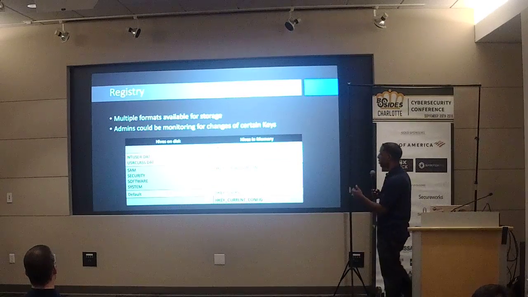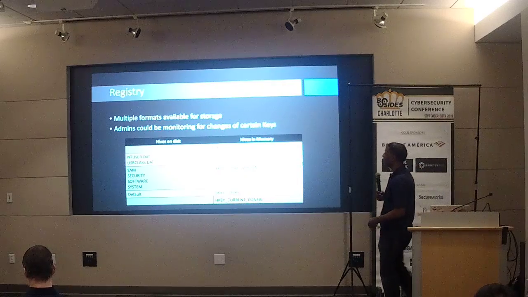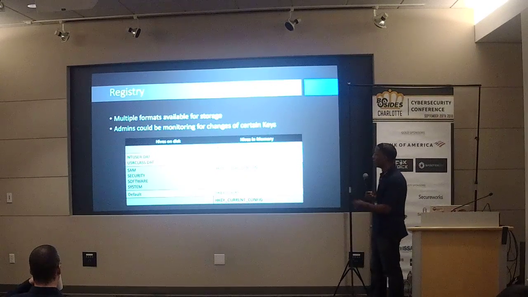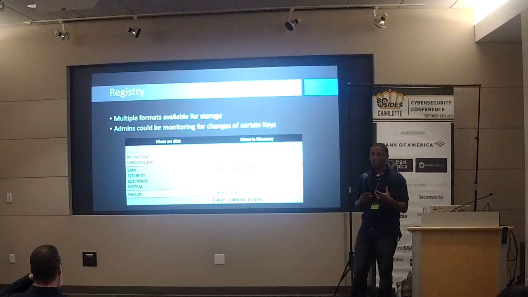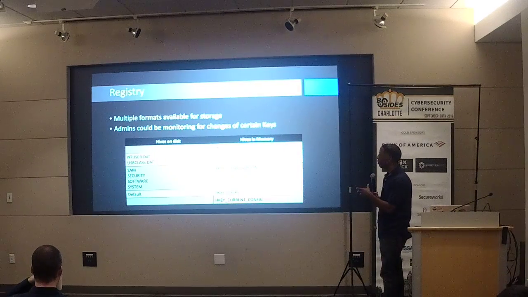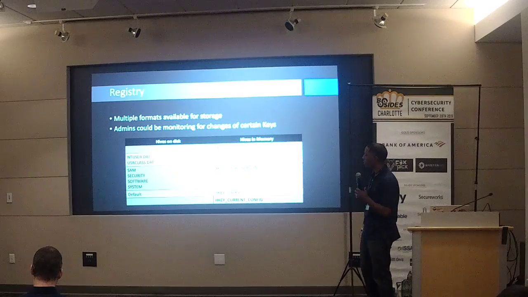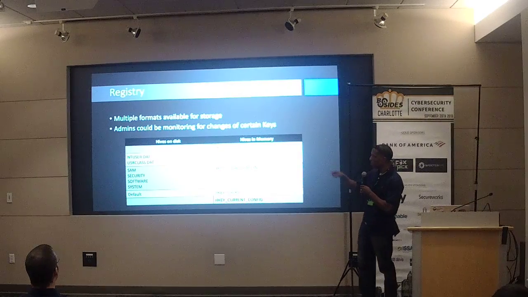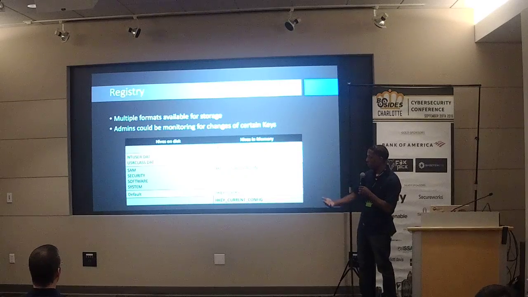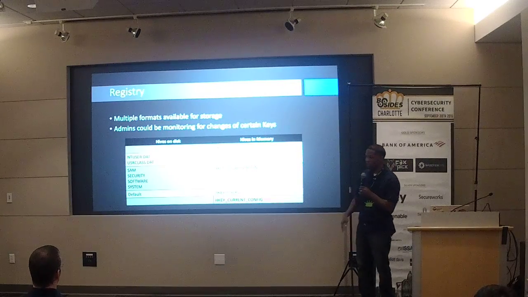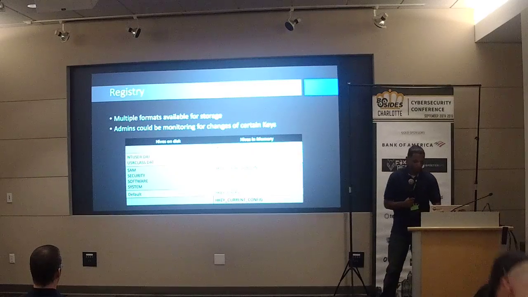We have SAM, Security, Software, System, Default. Those all get loaded into HKLM or HKU. And then we have the NTUSER.DAT and then the actual UsrClass.dat. Those two sit in the user's profile and get loaded into current user. If I was logged on and we just did switch user, rather than my NTUSER.DAT getting unloaded, I would then have my user hive moved over to HKU.